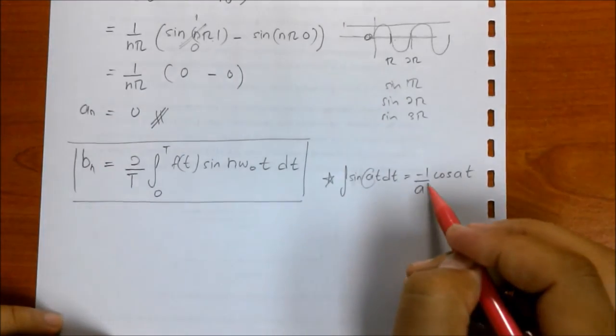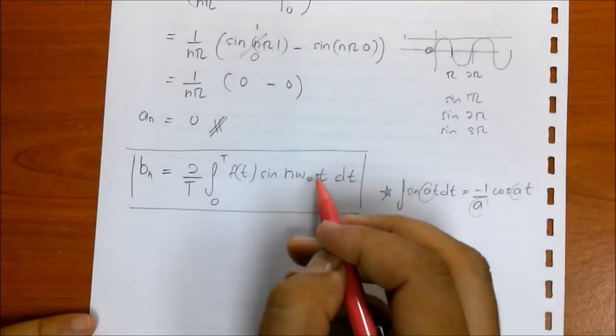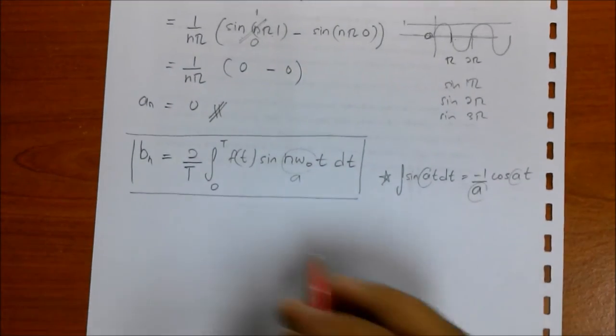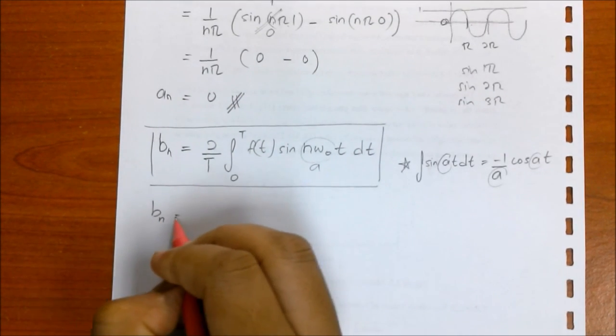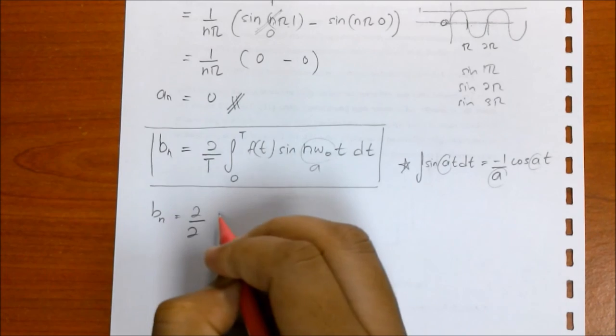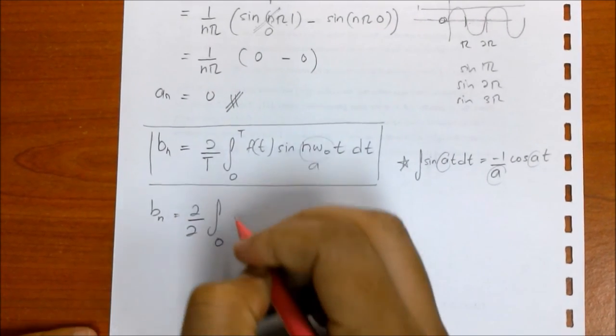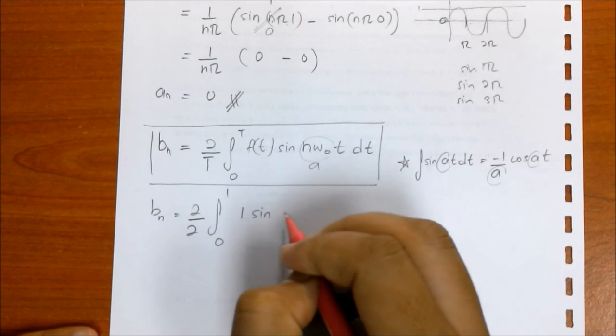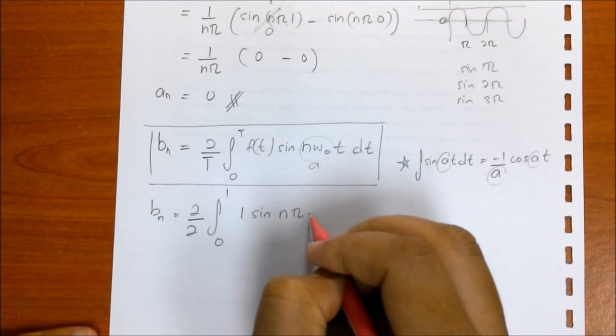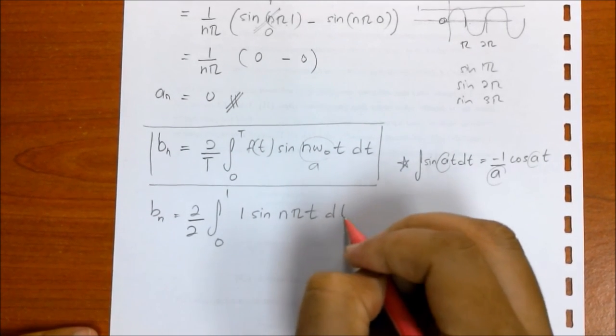So we have a here, and a here. In this case, this is our a, right? bn is 2 over 2 integration from 0 to 1. f(t) is 1, sine n pi t dt.